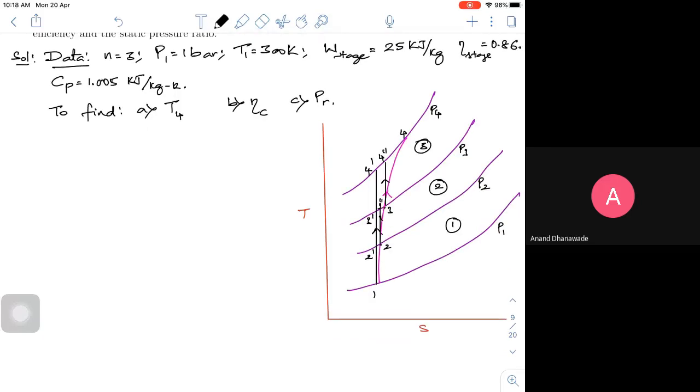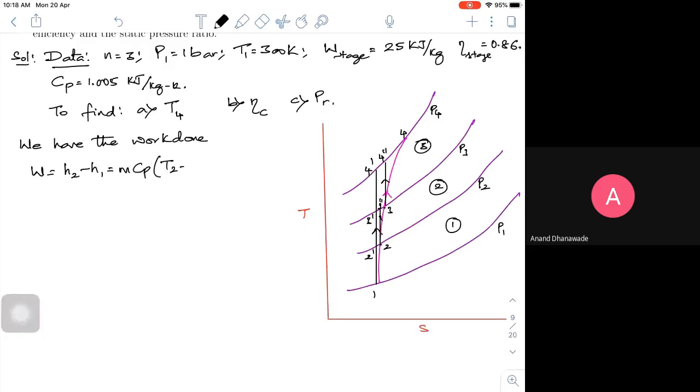Now, what is the work done? We have the expressions. The work done is given by W equal to H2 minus H1, that is m Cp into T2 minus T1.